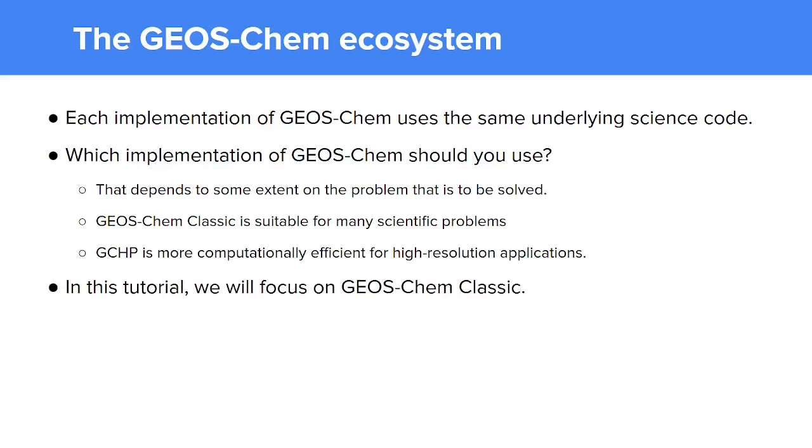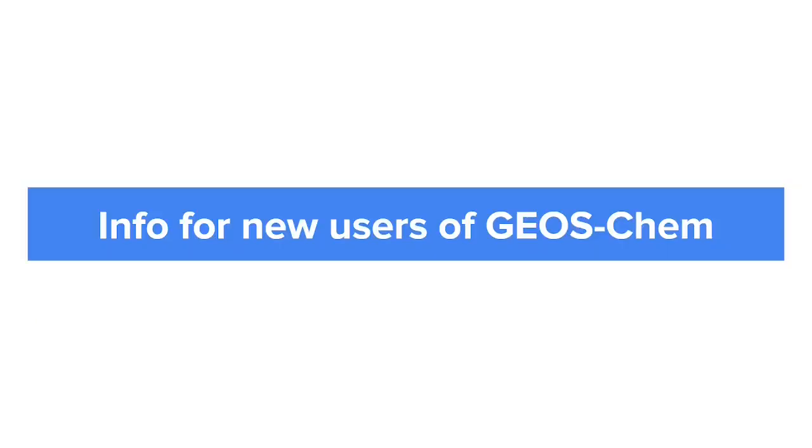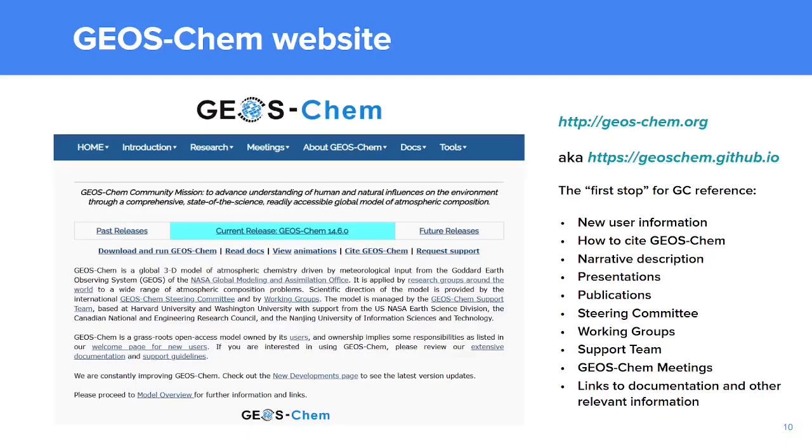In this tutorial, we're going to focus on GEOS-Chem Classic, as it is a good entry point for most new GEOS-Chem users. But first, we'll take a little bit of a look at where you as a new user can find more information about GEOS-Chem. So, info for new users of GEOS-Chem. If you're a new user of GEOS-Chem, we recommend that you take a look at the GEOS-Chem website as your first stop.